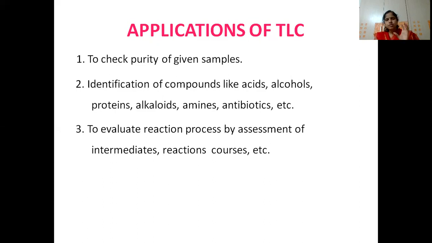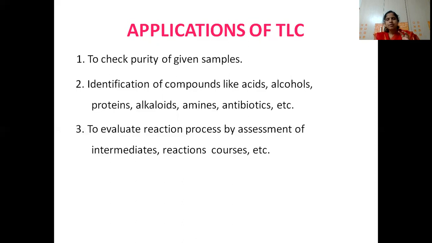After starting the reaction, just after 5 to 10 minutes, stop heating the RB flask, take a drop of that reaction mixture and do TLC. If you find any difference from the first TLC, that is, the TLC before the start of the reaction, in the RF values, then we can say that the reaction is progressing.